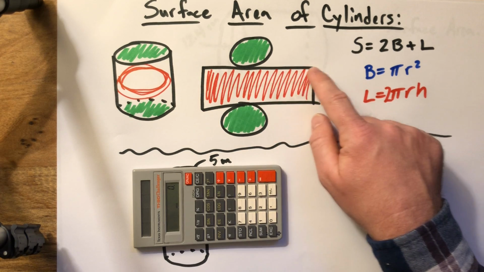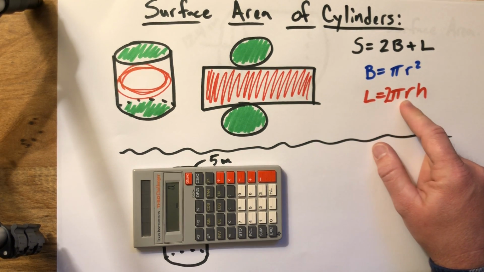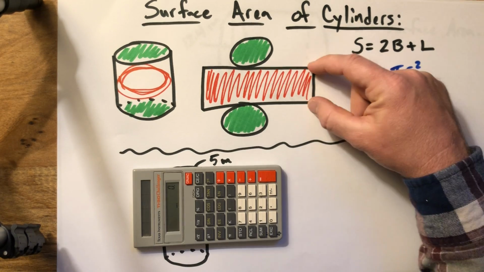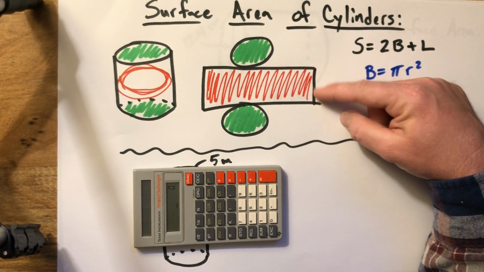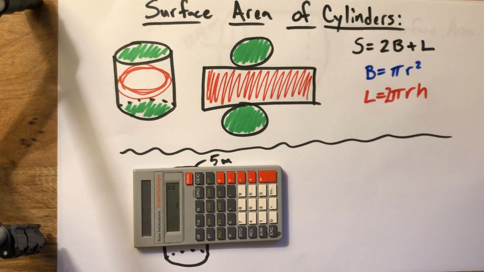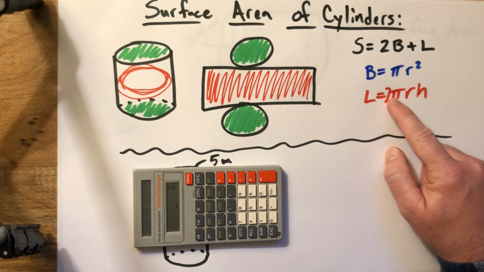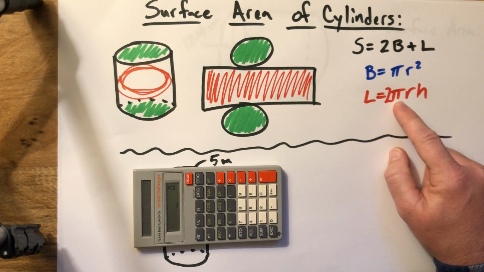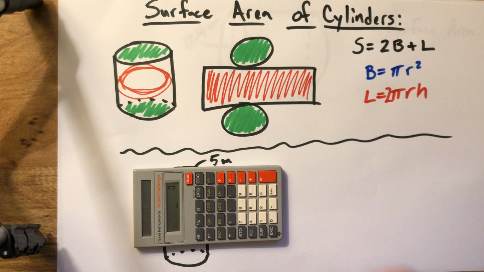So that finds the circumference, 2 times pi times radius. The height of the whole prism is referred to as the other side of the rectangle. So if we call this length and width, we multiply to find the area of the rectangle. So this references the length, or circumference, of that rectangle, and then the height is actually the width. So length times width to find that area of the rectangle.